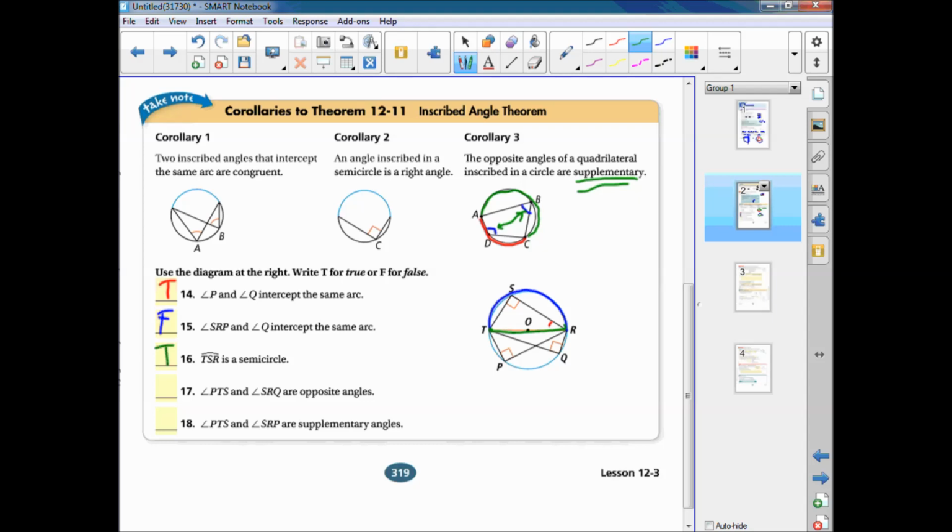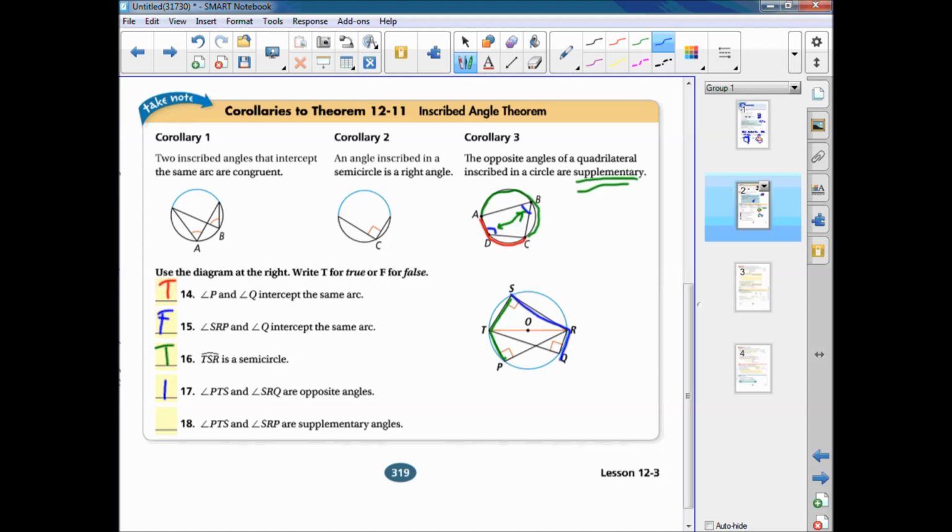Angle PTS and angle SRQ are opposite angles. Let's see. PTS is right here, and SRQ is right there. Are they opposite angles? This is going to be false.